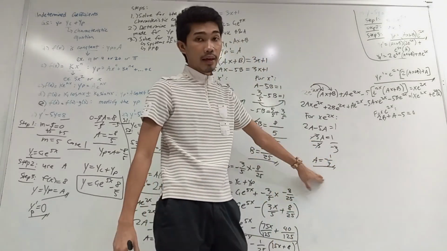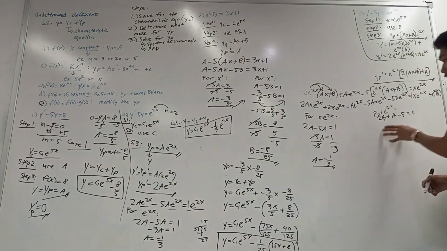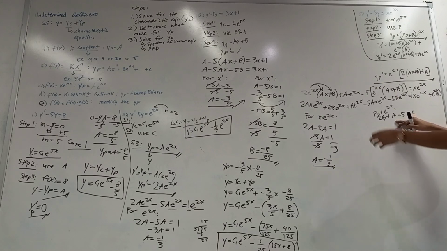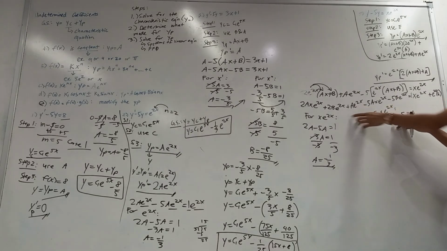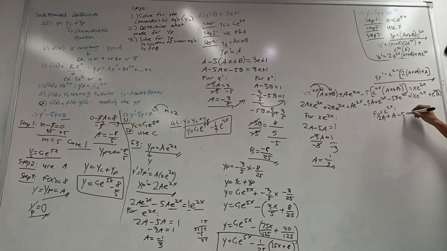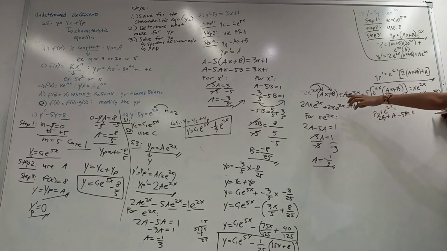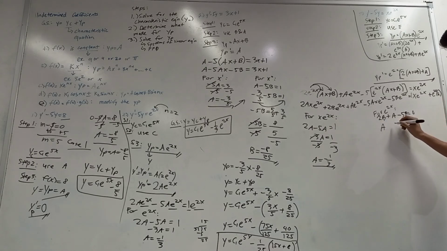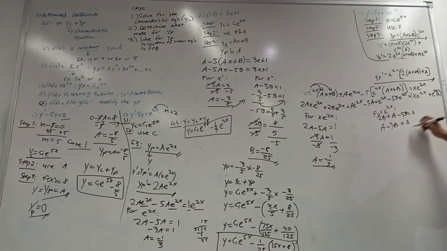Okay, meron na tayong a. So, for e raised to 2x, 2b plus a minus 5b. So, okay ba tama? Okay. So, simplify natin. 2b minus 5b is negative 3b plus a equals to 0.